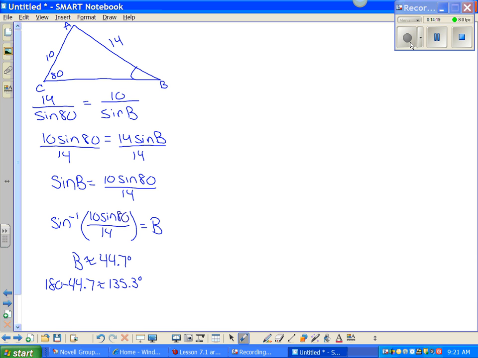Awesome. Now, here's the thing. I have to make sure that 44.7 and 135.3 degrees both work as possibilities for a triangle. I've got 80 degrees here, don't I? So I already know one of the angles is 80 degrees. How many degrees in a triangle again? 180. All right, so here's what you do. 44.7 plus the angle that I know, which is 80.